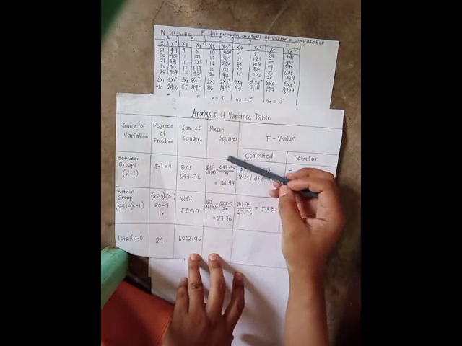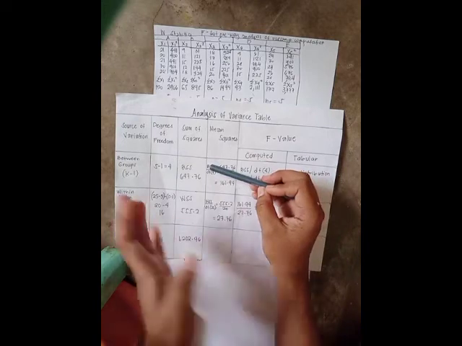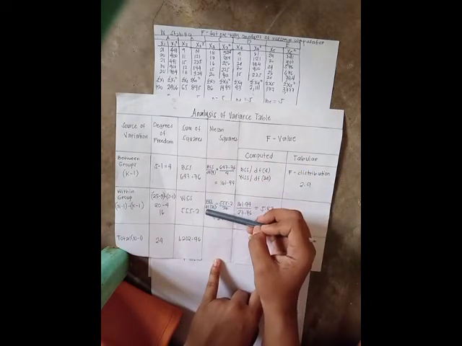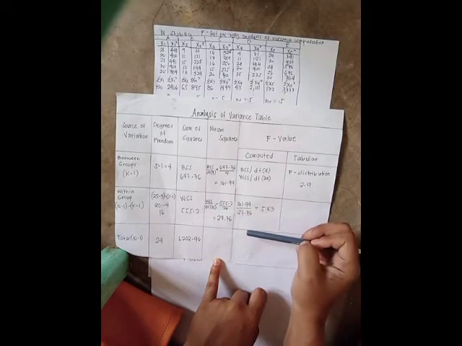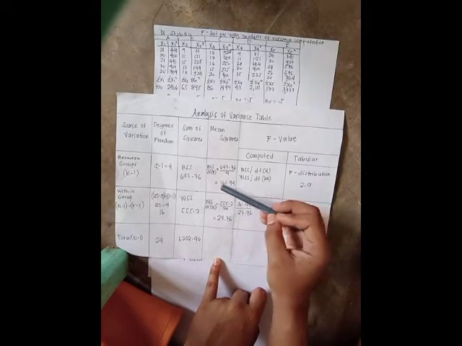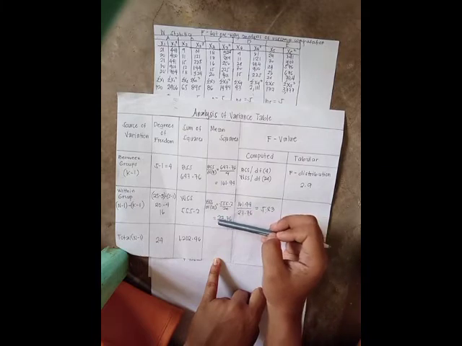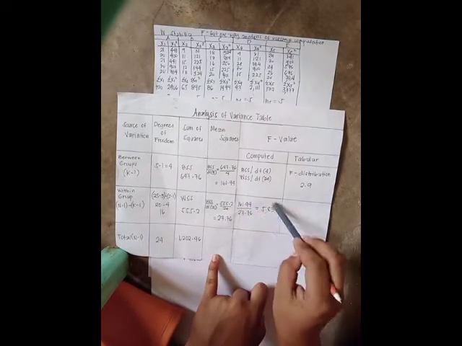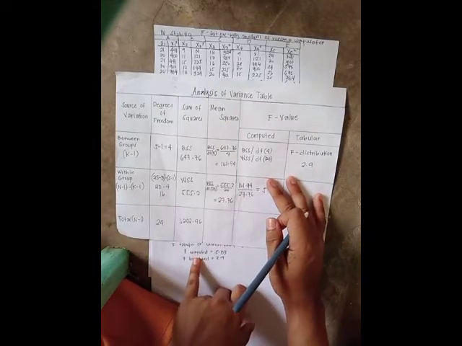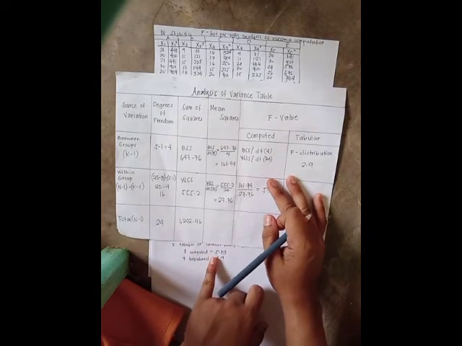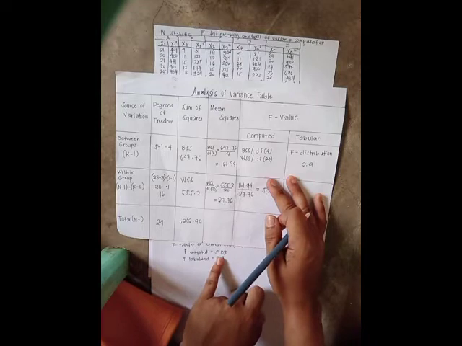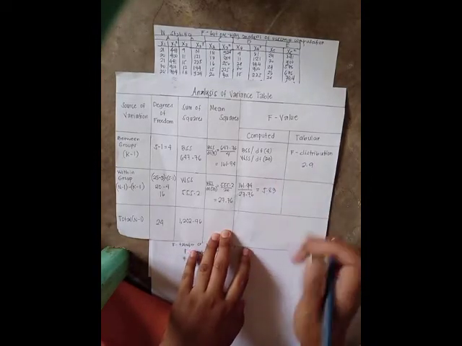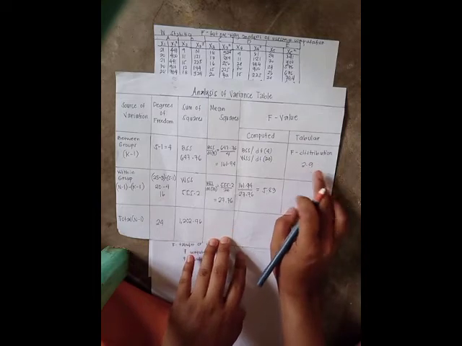We take the BSS divided by its DF and the WSS divided by its DF, and we have 161.94 and 27.76. So our F computed is equal to 5.83.